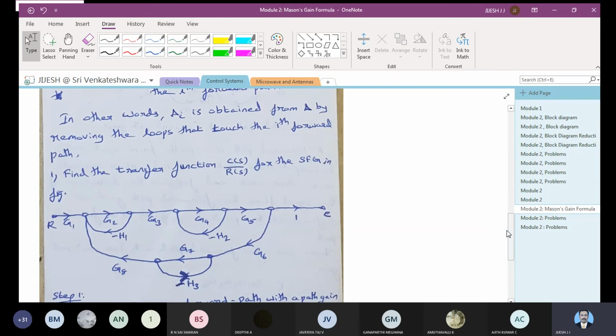You should not eliminate any of the steps. Compared to the block diagram, you can solve the signal flow graph better. It is easy. The only thing is that you should understand what is forward path, what is path gain, what is loop gain, and all those things. If you understand, it is very easy.